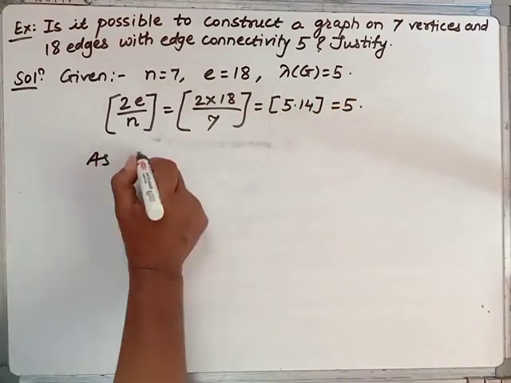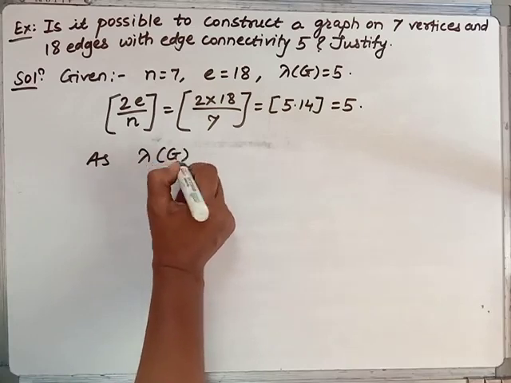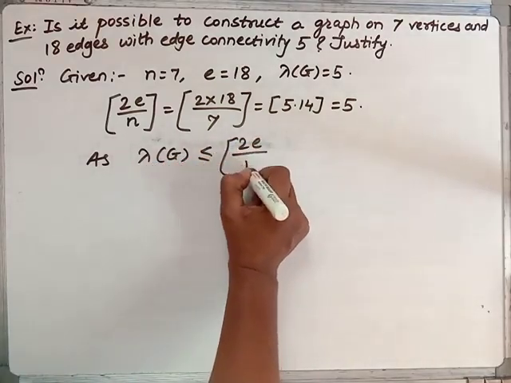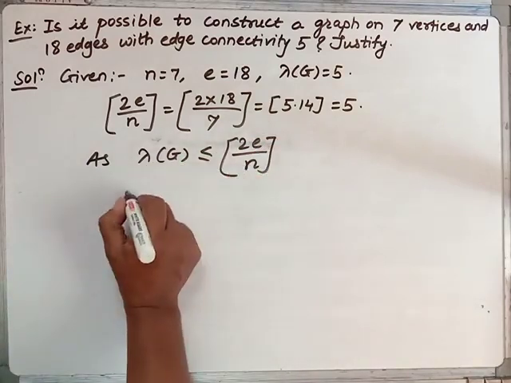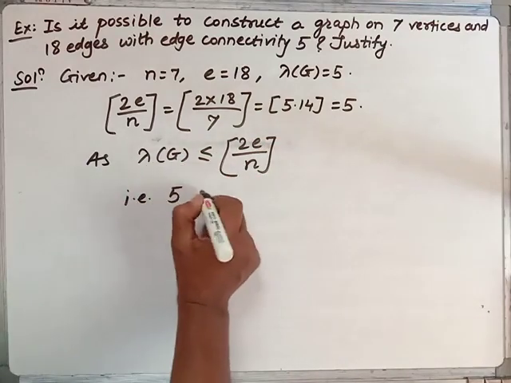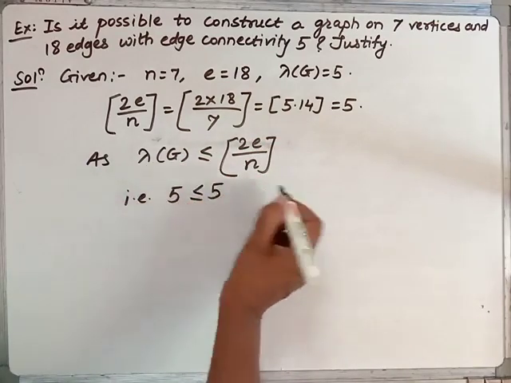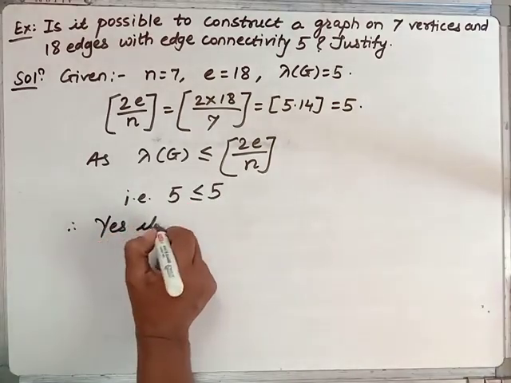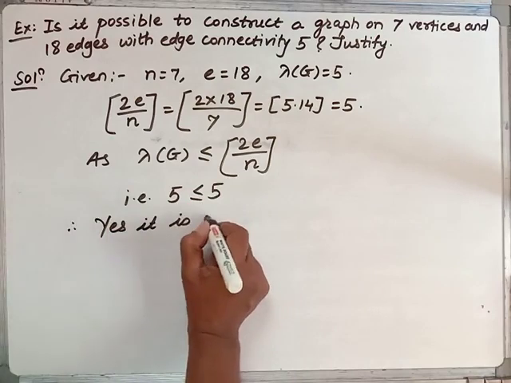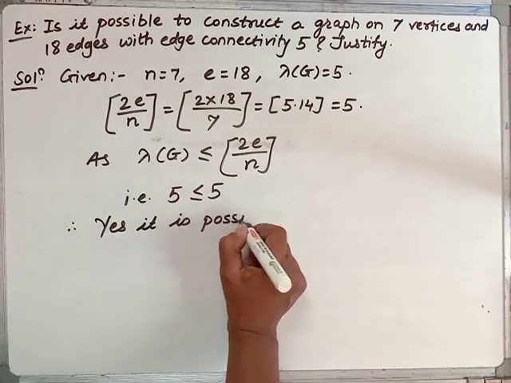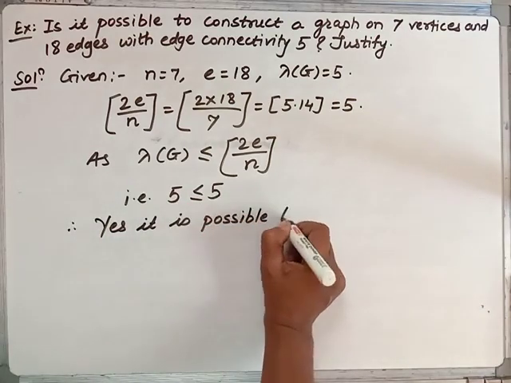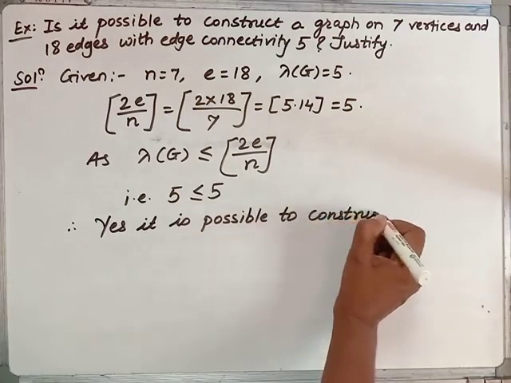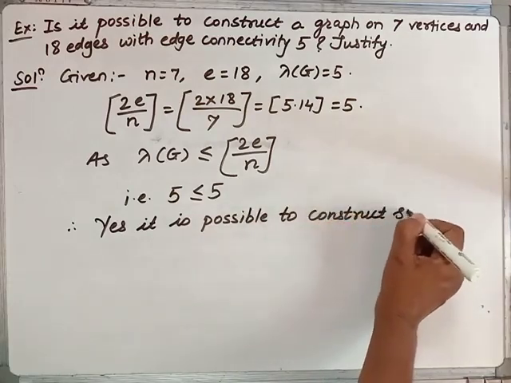As lambda of G is less than or equal to 2e upon n, here 5 is less than or equal to 5. This is true. Therefore, yes, it is possible to construct such a graph.